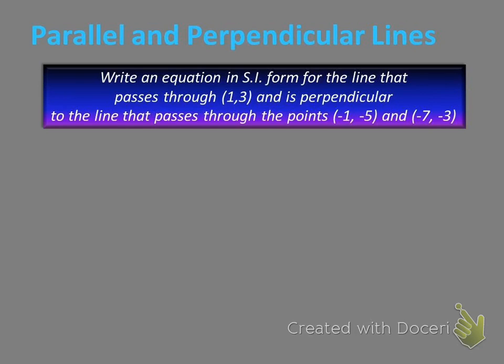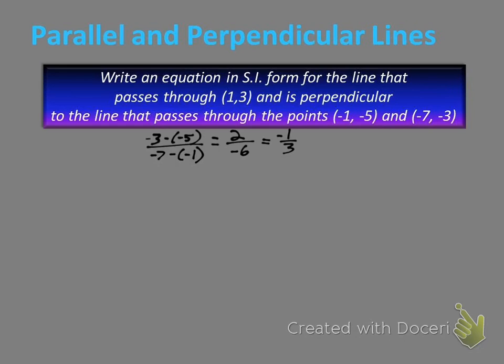So you got y2, let's just say is -3, minus y1, which is -5, over x2, which is -7, minus x1, which is -1, which gives you -3 plus 5 to give you 2. -7 plus 1 gives you -6, and 2 over -6 reduces to -1/3.